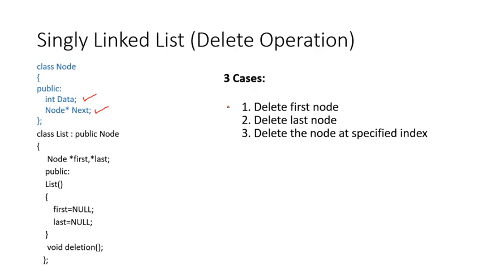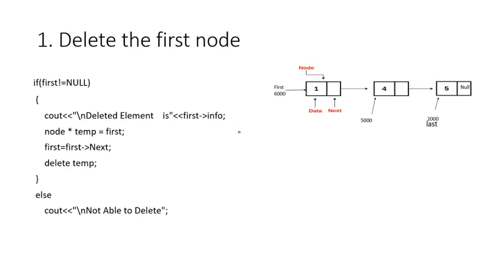The first case is delete the first node in the list. The second case is delete the last node from the list, and the third case is delete the node at the specified index. We will see the code for all these three cases.